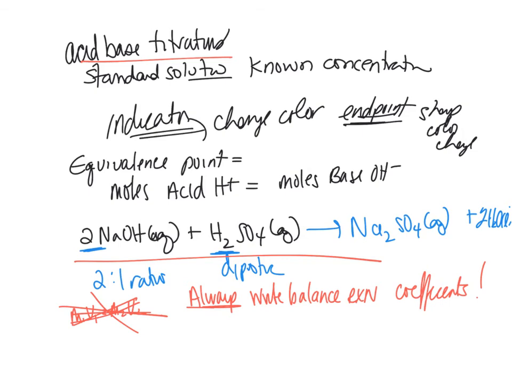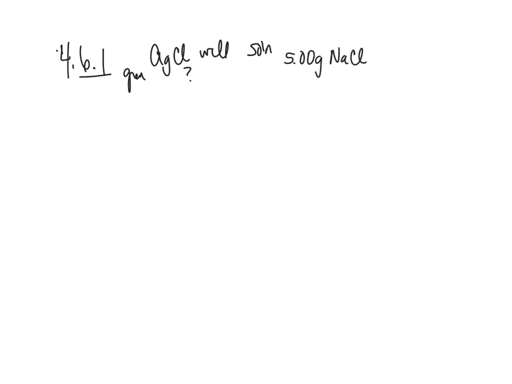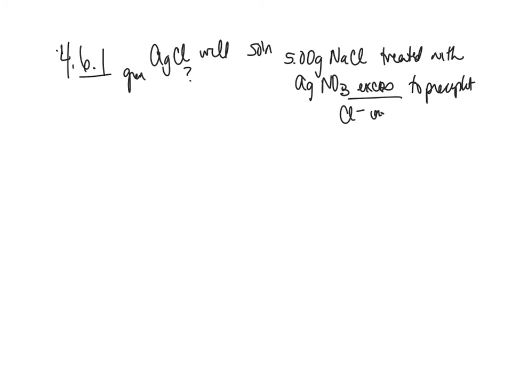So let's work 4.61. What mass of silver chloride will be recovered if a solution containing 5.00 grams of sodium chloride is treated with enough silver nitrate, which means that's your excess reagent, to precipitate all the chloride ion?